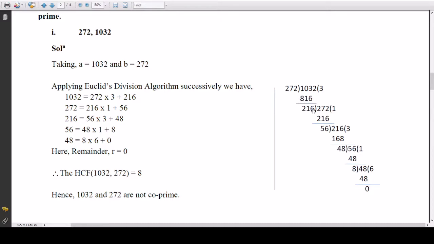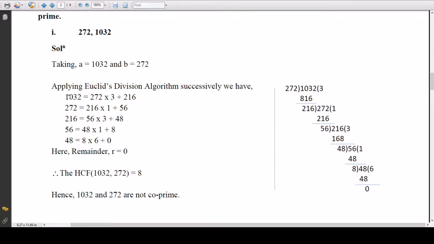Since remainder is not 0, you have to proceed ahead. 272 divided by 216, you will go with 1, leaving remainder 56. 216 divided by 56, you will go with 3, which is 168, giving you remainder 48. Then 56 divided by 48, you will go with 1, giving you remainder 8. 48 divided by 8, you will go with 6, 8 6s are 48, giving you remainder 0.